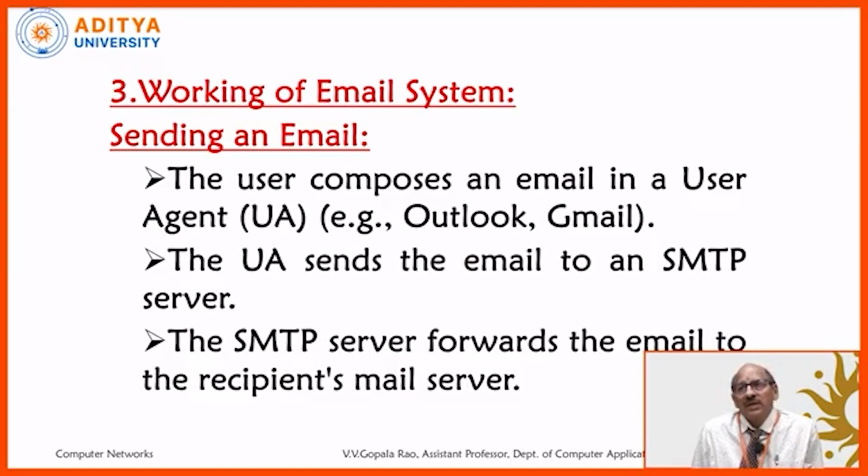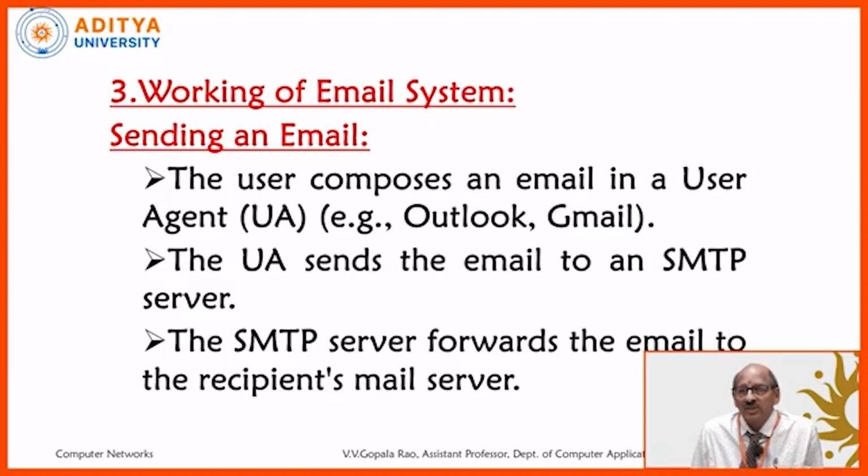The SMTP, as I already mentioned, is the Simple Mail Transfer Protocol. It is going to put the information to travel on the internet. So the user agent sends the mail to SMTP, which is the other step the user agent follows, and SMTP is going to forward the mail to the corresponding recipient mentioned in the mail address.